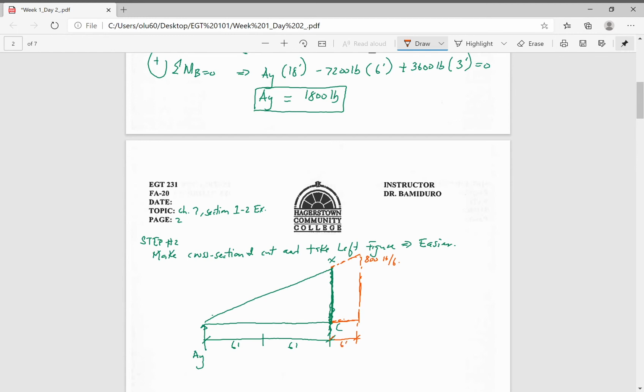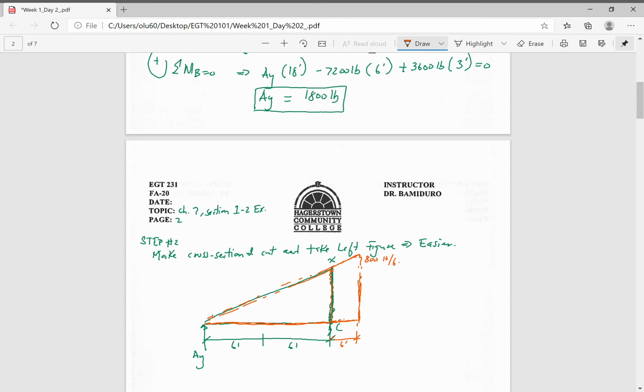So we have a smaller triangle within a larger triangle. The larger triangle goes across this way, and the smaller triangle is from here going in.